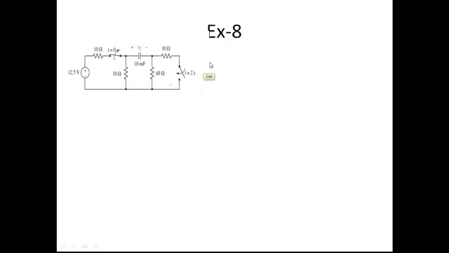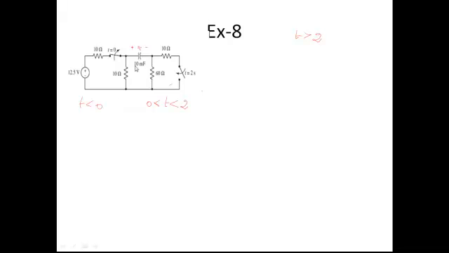Okay. So for this circuit you will draw three circuit diagrams. One is for time t lesser than 0. Another is for time t greater than 0 but lesser than 2 seconds. Another is for time t greater than 2 seconds. You will find the final solution for t greater than 2 seconds only. So what will happen if time t is lesser than 0?